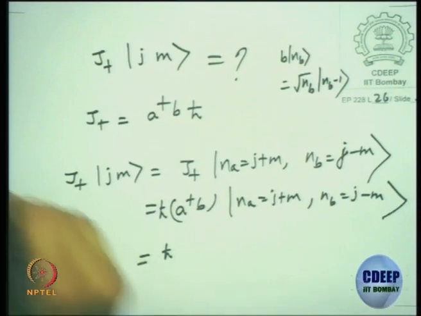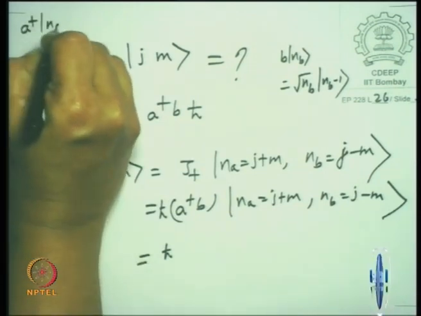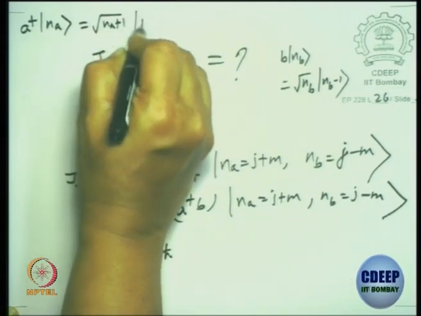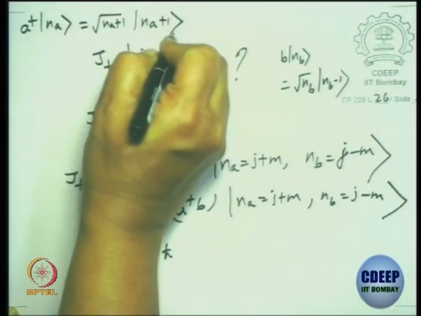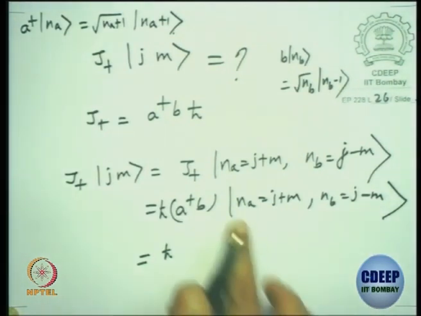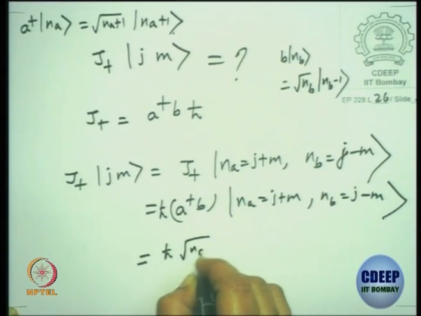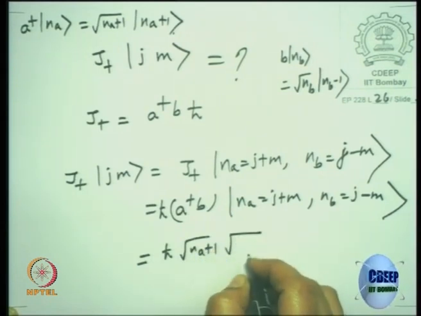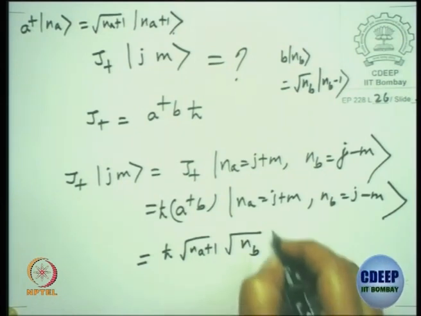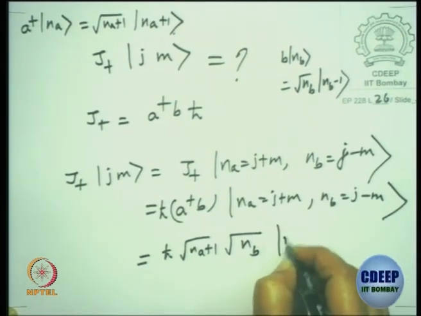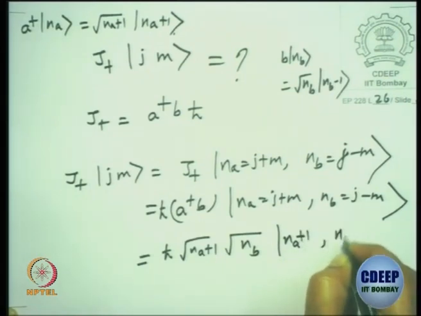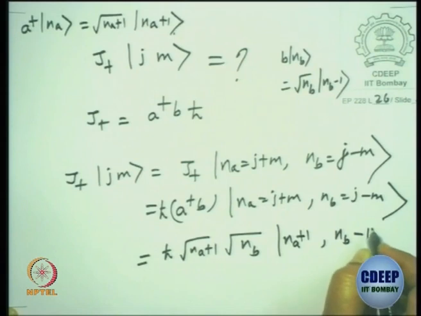What about A dagger on Na? Root Na plus 1 times Na plus 1. Let's use that fact. What will this give us? It will be root of Na plus 1, root of Nb, on Na plus 1, Nb minus 1.